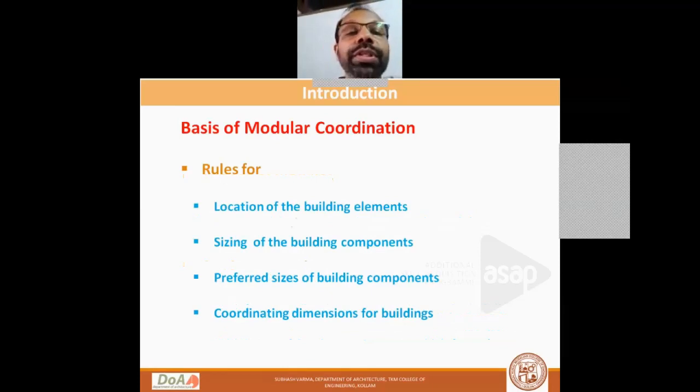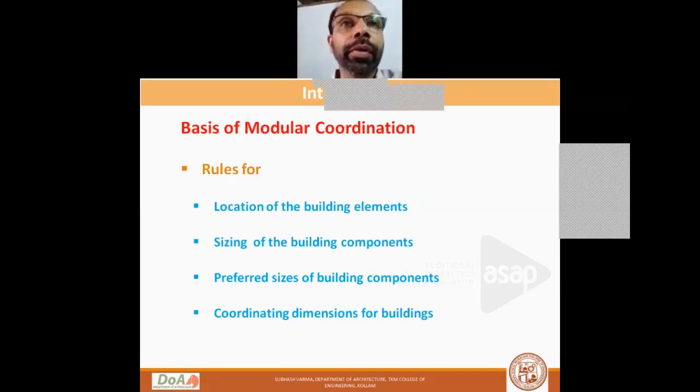So these rules are for the location of the building element. Usually we depend on the coordinate system, the X, Y, Z coordinate system. Then sizing of the building components. Usually we depend on millimeter dimensions. Then preferred size of building components.